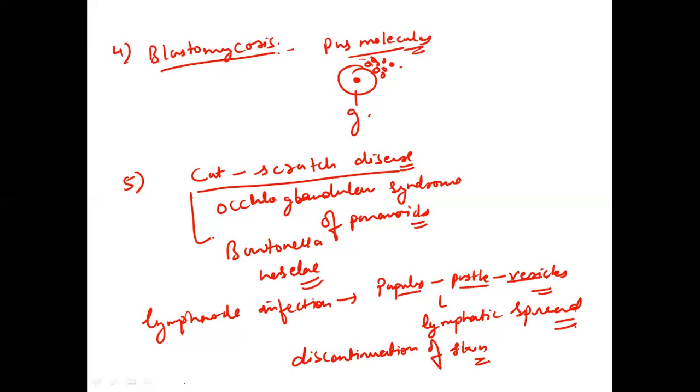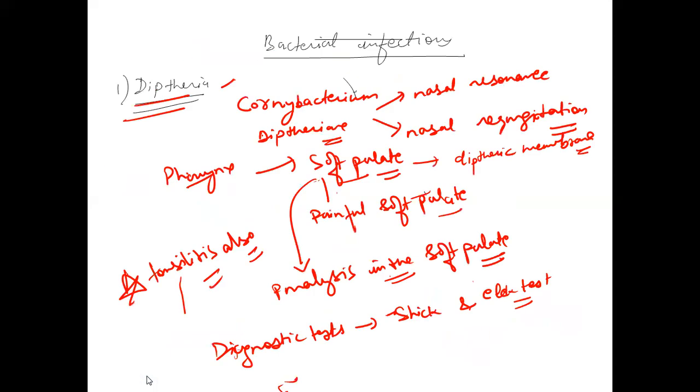So let us revise this. First of all is diphtheria, which is caused by Corynebacterium diphtheriae. The main features are nasal resonance and nasal regurgitation. It starts from the pharynx to the soft palate, and in this tract there is formation of a membrane called the diphtheritic membrane, which becomes painful.